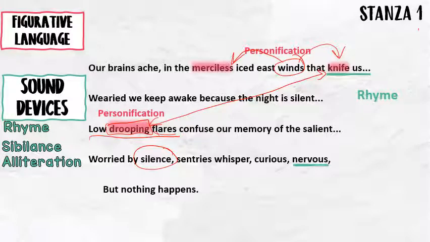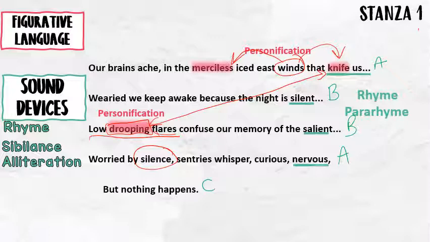Interestingly, we can say that there is a rhyme scheme that Owen is using. And it's through these, what we call the rhyme scheme being A, B, B, A, C. Now, it doesn't sound like it rhymes.